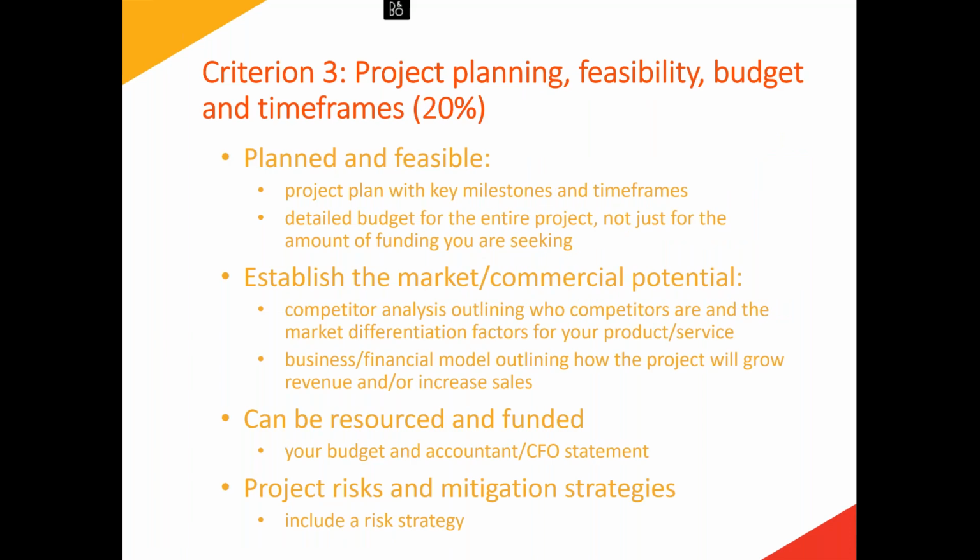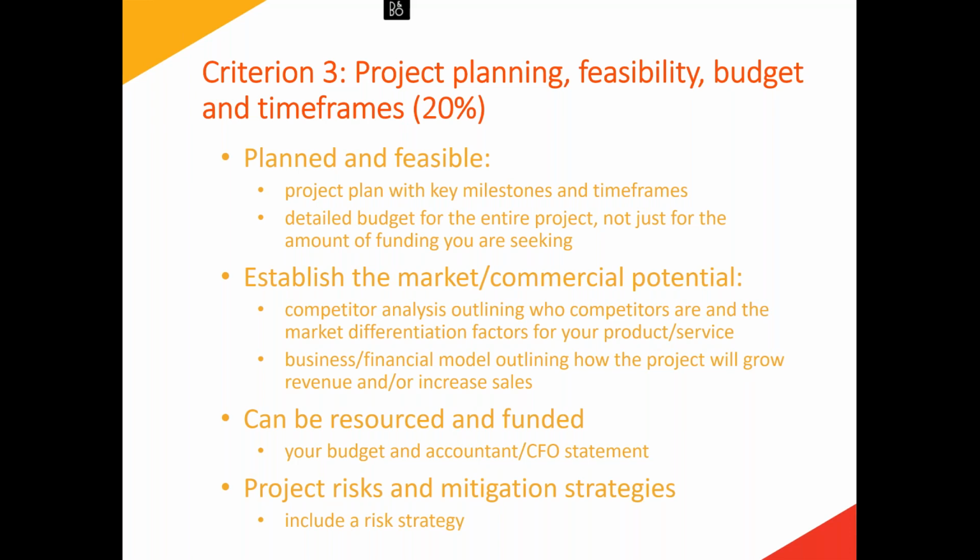Criteria 3 is around your project planning, your feasibility, your budget, and your timeframes, and that's at 20% there. So you need a project plan with key milestones and timeframes and your budget, not just for what you're seeking, but what that actual project requires.